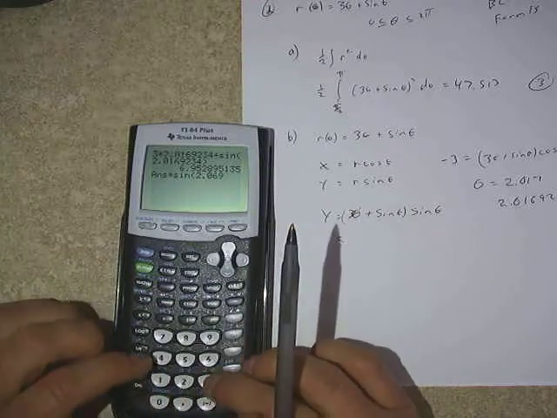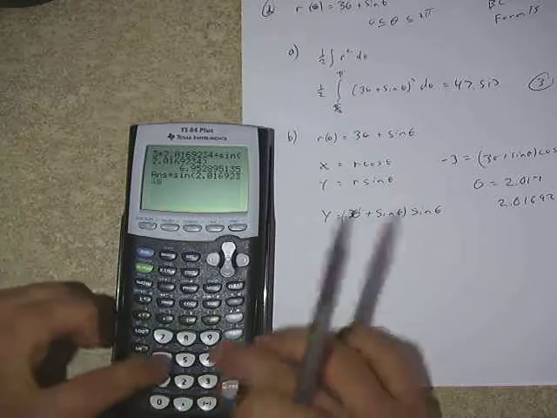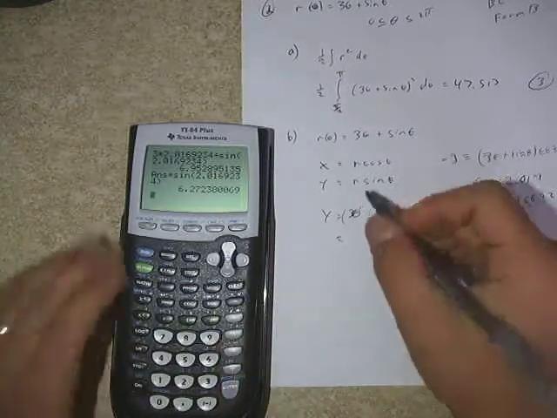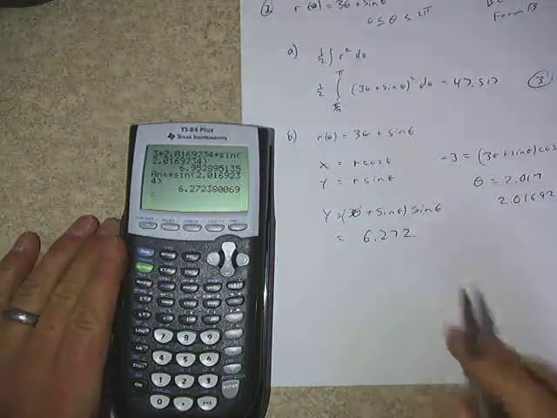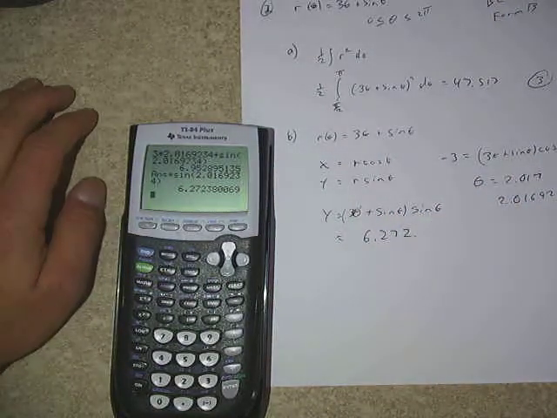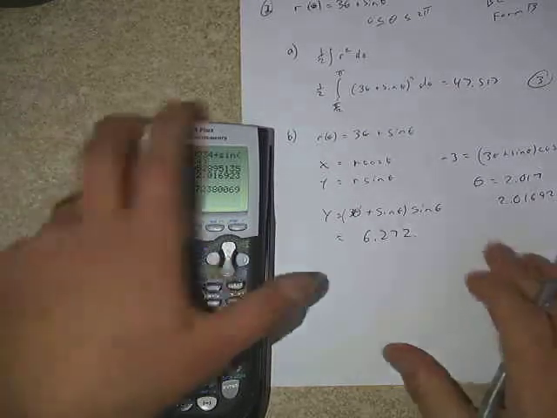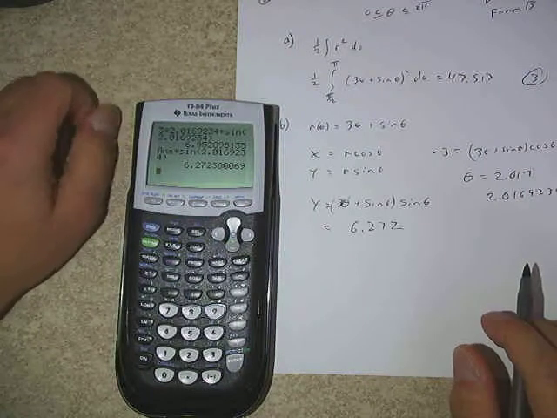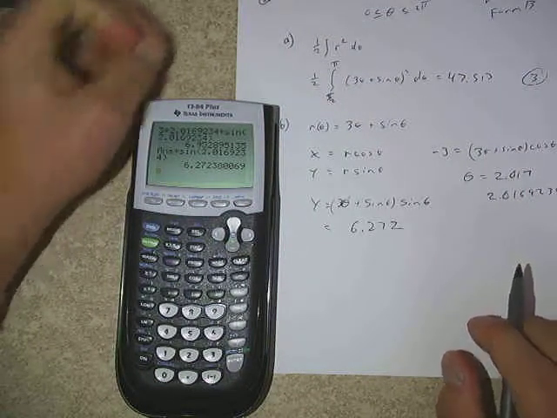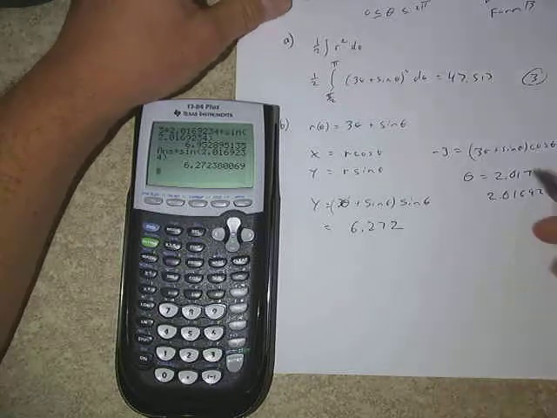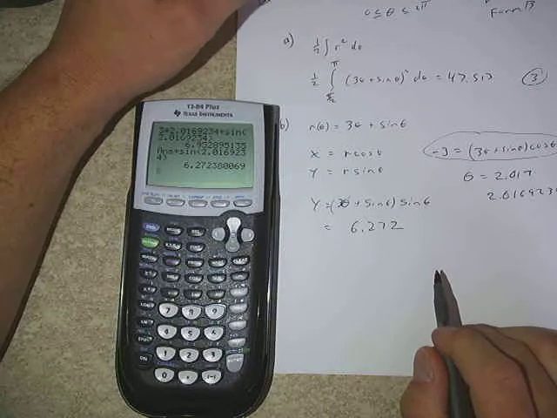And so if we do our number that we have here, that 2.01692, etc. Alright, so let's do 3 times 2.0169234 plus sine of 2.0169234.